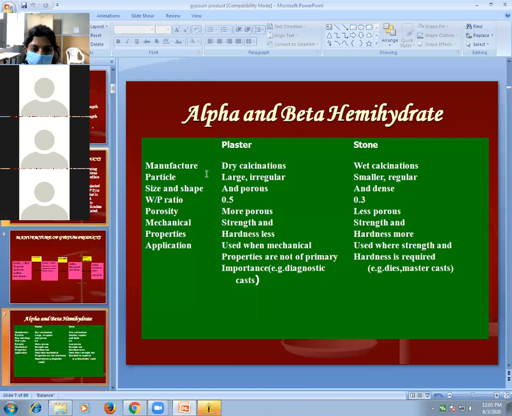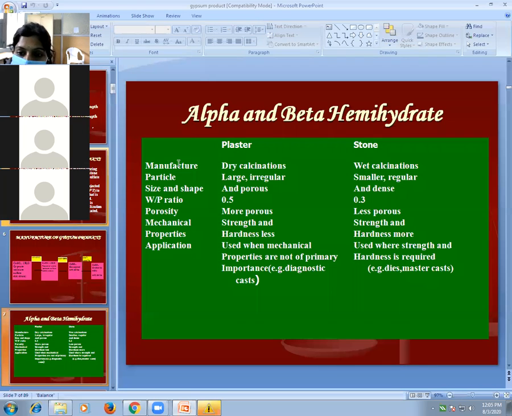After manufacturing, there is basically a difference in the manufacturing process to get alpha or beta hemihydrate. If you do dry calcination, when you grind the gypsum product and heat it at 120 to 130 degrees Celsius, you get dental plaster.